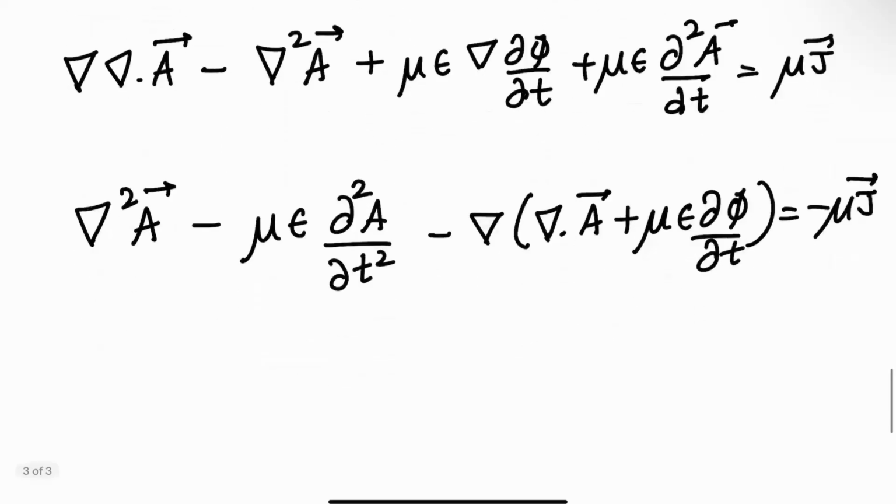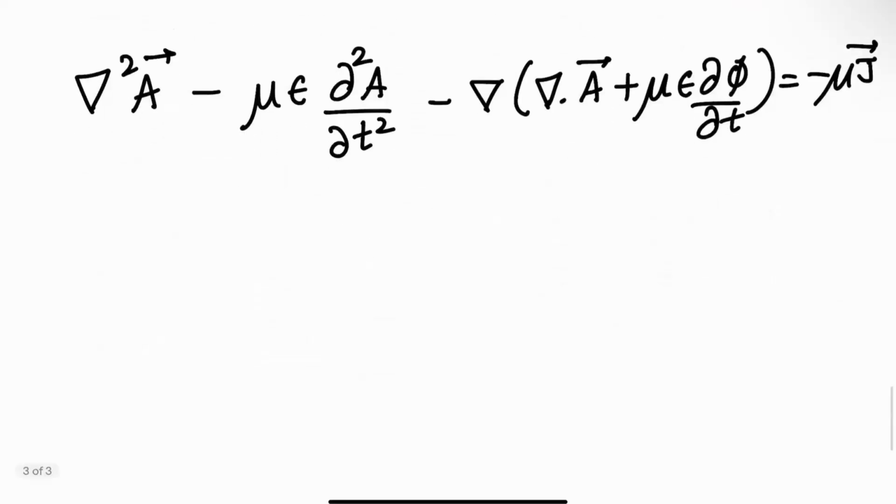Okay, so this is an equation that A and phi satisfy. Okay, and we want to see, can we simplify this, right? And luckily for us, there is actually a very elegant way to simplify this. So how do we do that?